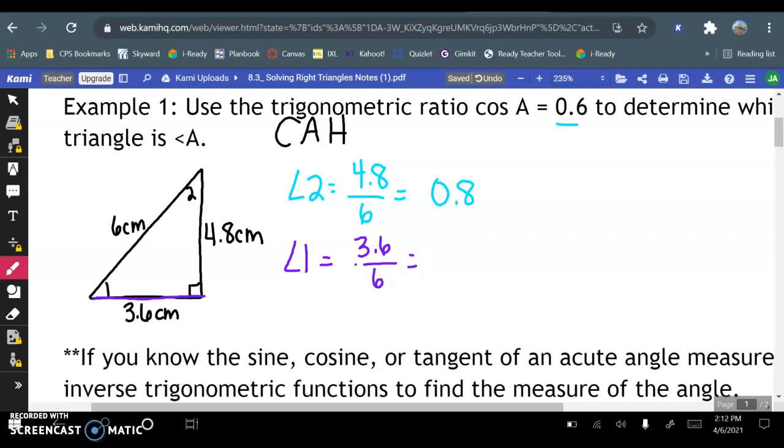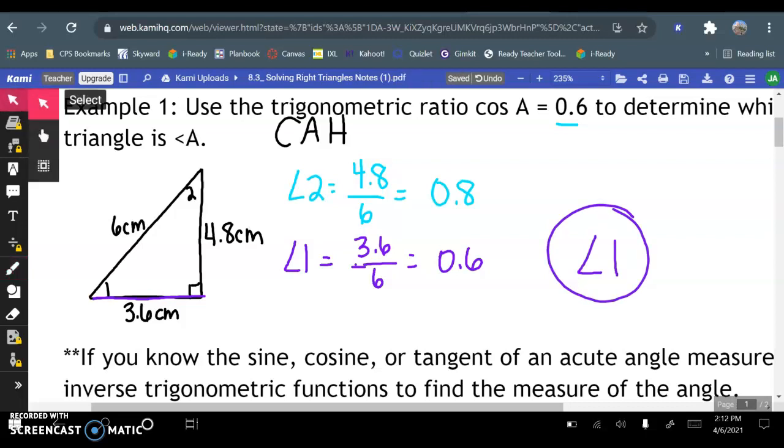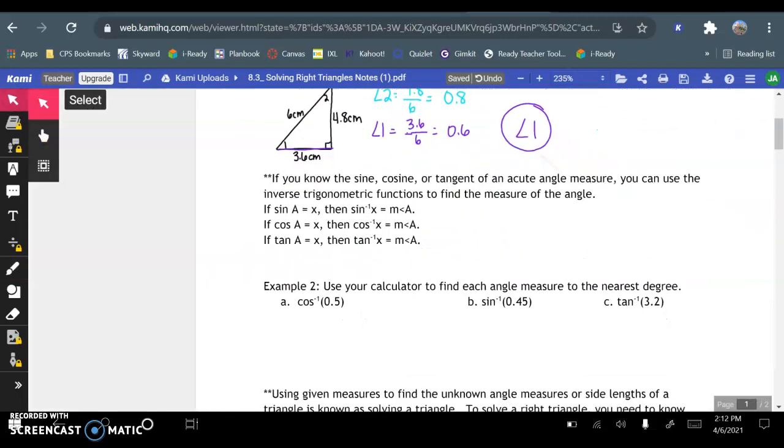Type in your calculator 3.6 divided by 6, and that does give you 0.6. So which angle is angle A? Angle 1 is angle A, because when we took the cosine of that, we got 0.6 for our answer. So it's kind of like a guess and check.